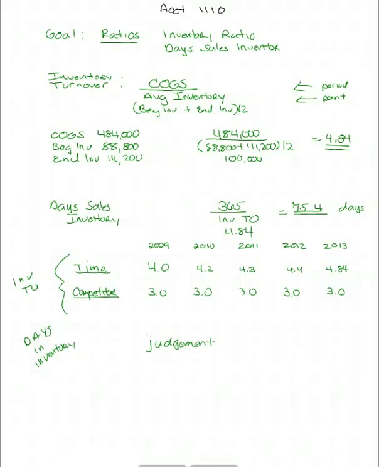Holding inventory is expensive, so you want to have enough on hand so that you always meet your sales needs, but it's expensive, so you don't want to tie up more money in inventory than you need to. That'd be an easy way to go broke, wouldn't it? Especially if you're also carrying accounts receivable.